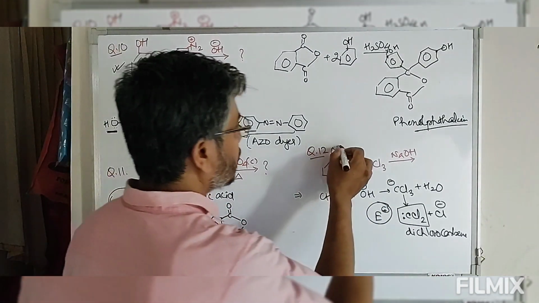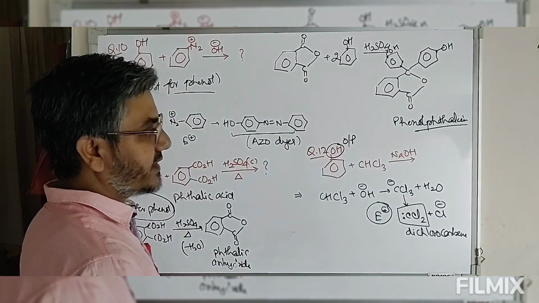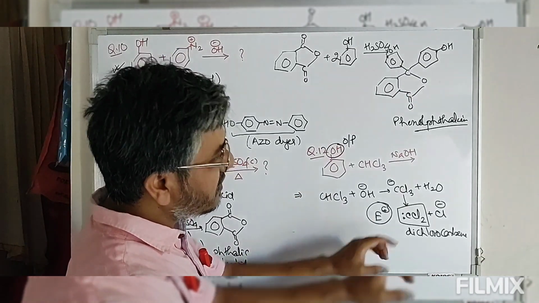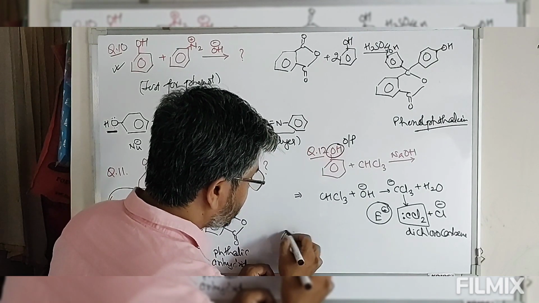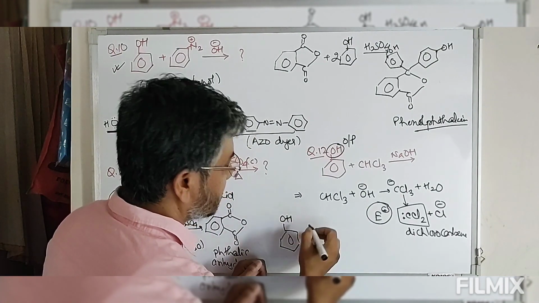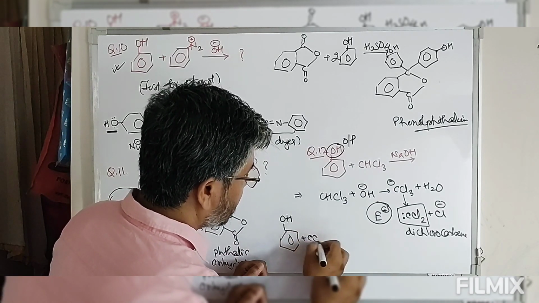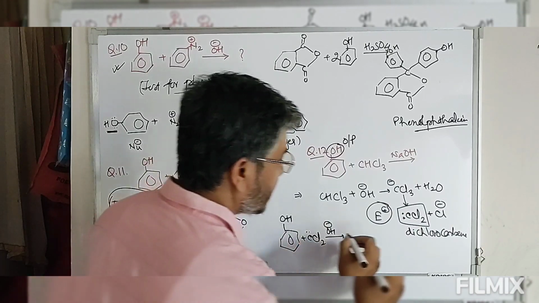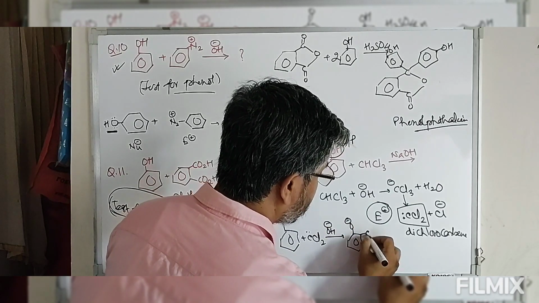This OH group being an ortho-para directing group, electrophilic substitution takes place at ortho and para, and this CCl2 is further hydrolyzed by sodium hydroxide. So phenol reacts with CCl2 in presence of OH minus, and this gives you O minus CHO.